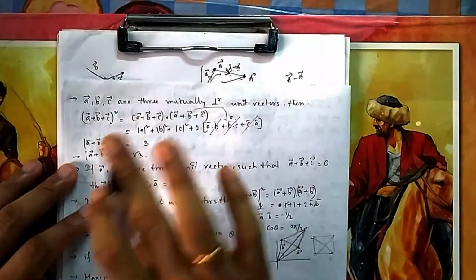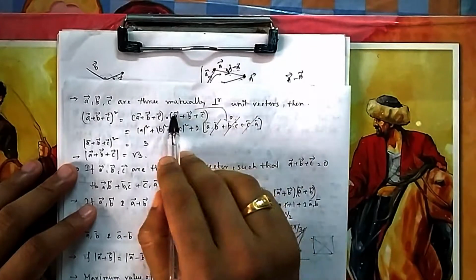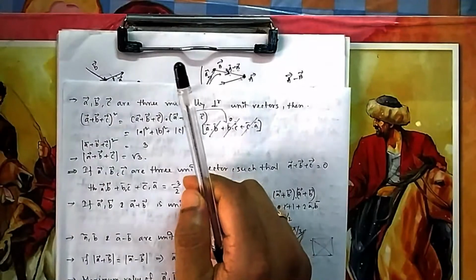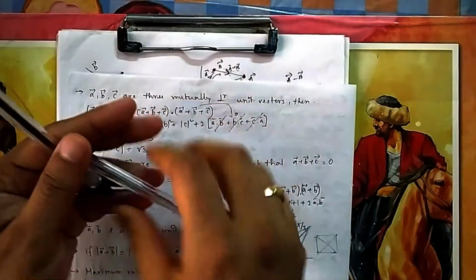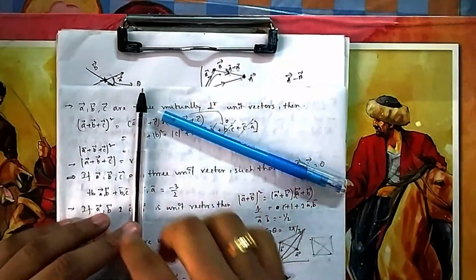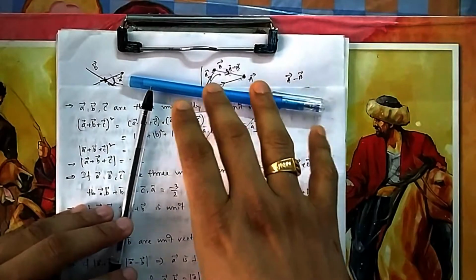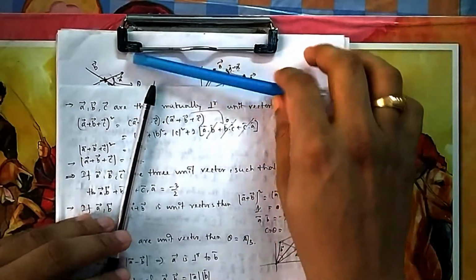But remember that it is not simple algebra. All these cross terms will be 0, because they are mutually perpendicular. a is perpendicular to b, b is perpendicular to c. How can three things be mutually perpendicular in 2D? If a is perpendicular to b, and b is perpendicular to c, then c becomes parallel to a, so all three cannot be perpendicular. But in 3D it is possible.